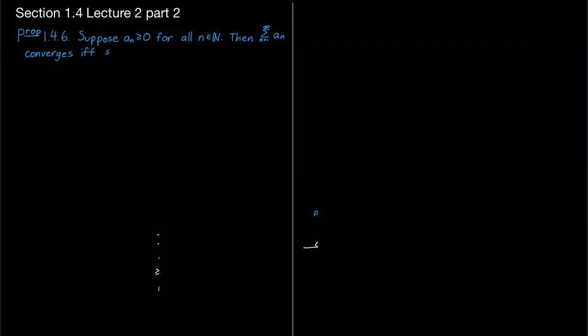So the supremum over all m of the sum from n equals 1 to m of a_n, such that m is a natural number, if that supremum is finite. So the idea is that you only get so far. And the proof of this, we've actually already done pretty much all the work for this.